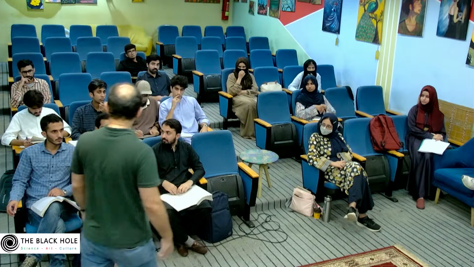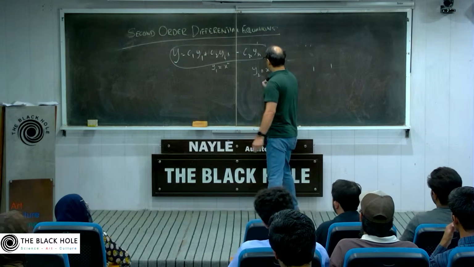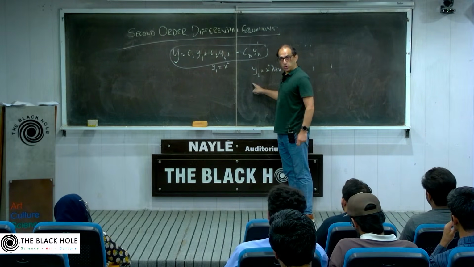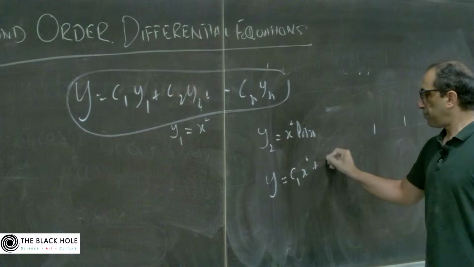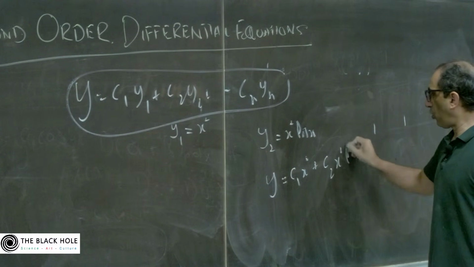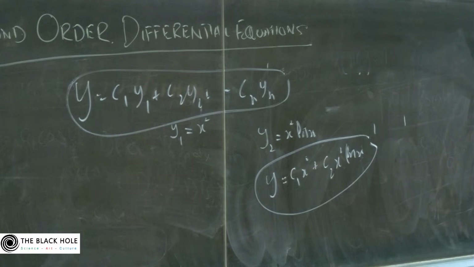So we can say that a linear combination of solutions is also a solution of the differential equation. That's a linear combination. So what it means is that if these are the two solutions, then c1 x squared plus c2 x squared log of x is also a solution of this differential equation. Sir, because the operator is linear. Only because of this. Yes. Superposition does not hold for nonlinear equations.